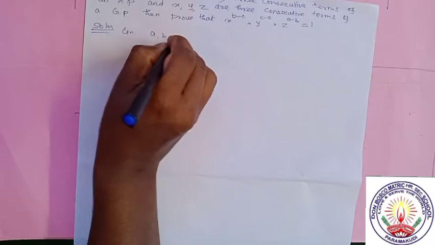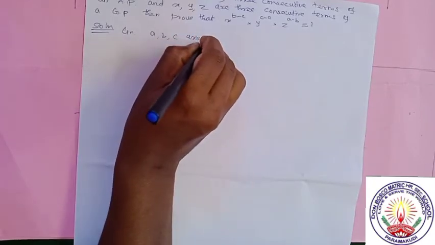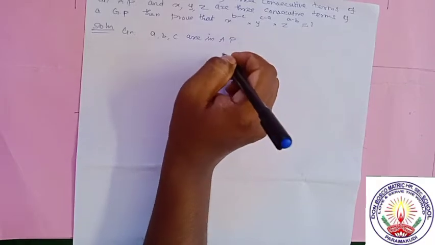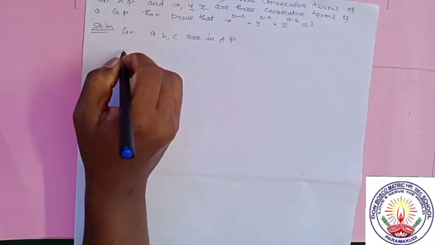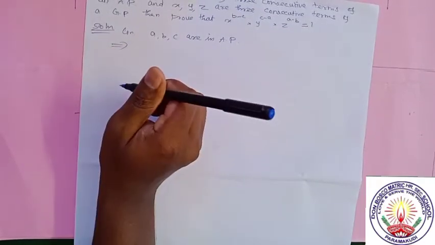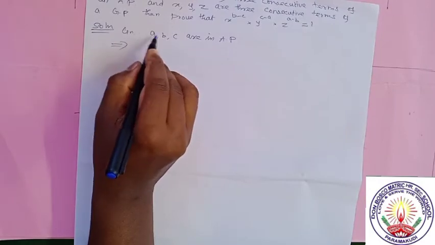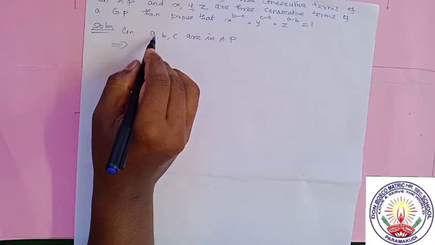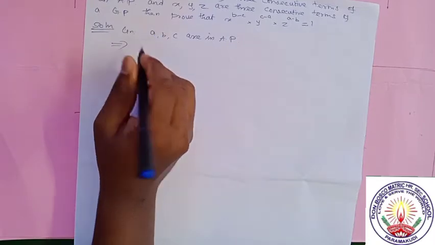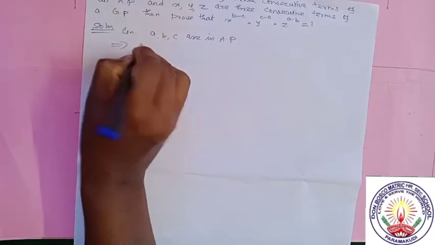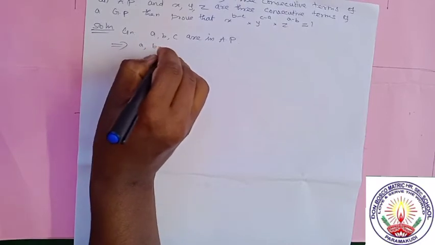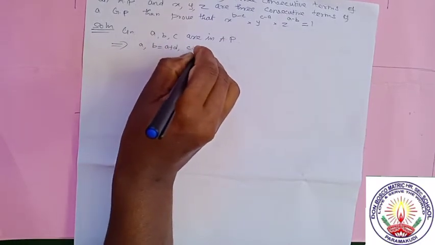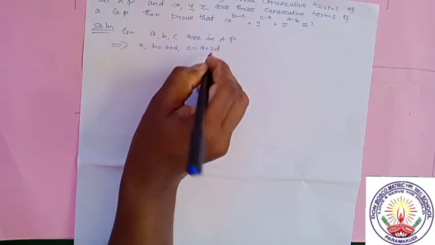A, B, C are in AP. Now we know that second term minus first term is equal to third term minus second term, or you can write A, B is equal to A plus D and C is equal to A plus 2D.